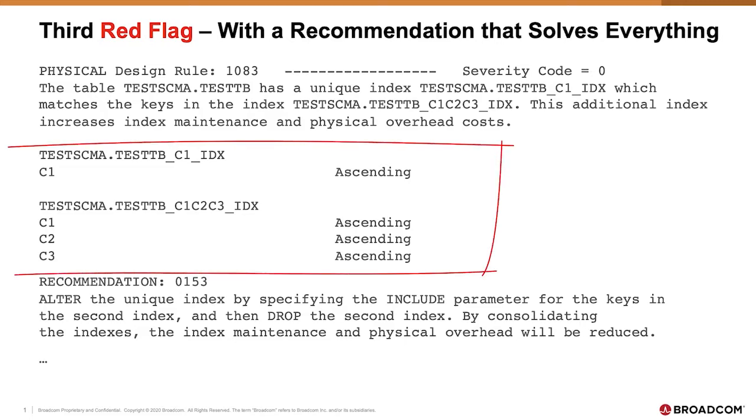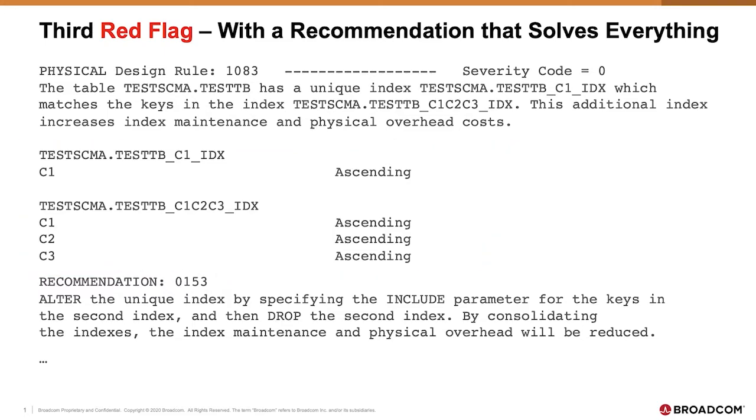As you can see, you have one index with just column C1 and another index with columns C1, C2, and C3. A recommendation that helps resolve this issue of too many indexes: we need to alter the unique index by specifying the include parameter for the keys in the second index. That would be C2 and C3. And then we need to drop the second index.